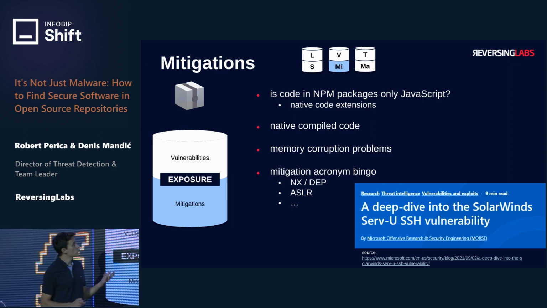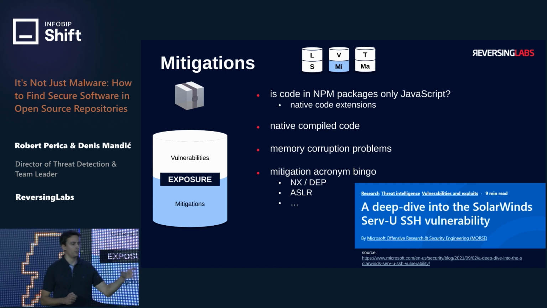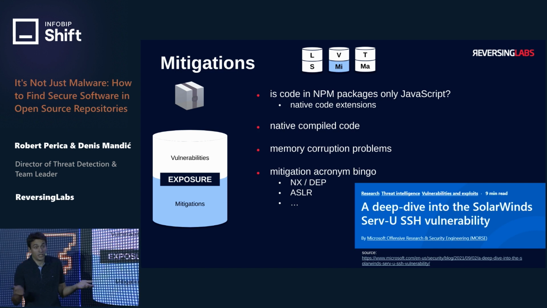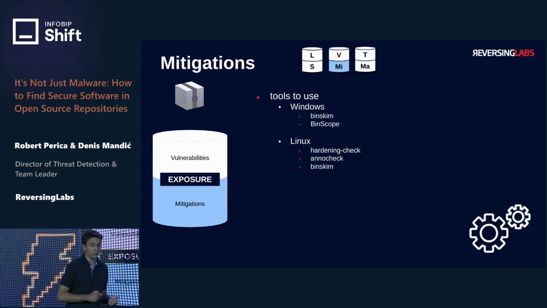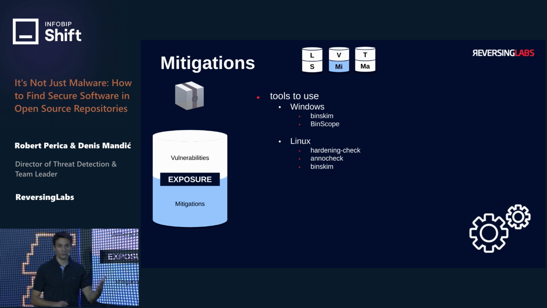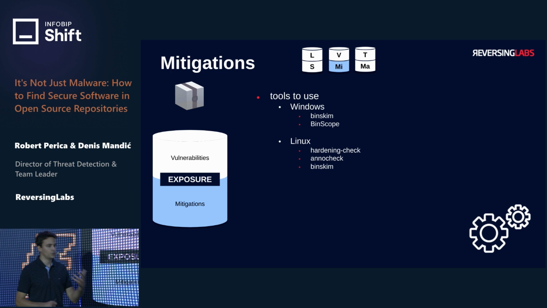Now, the problem with mitigations is that there are so many of them. They're compiler dependent, so people just forget. To help you list those, there are some tools. They will tell you which mitigations are missing on your software components and will typically suggest how to enable them.